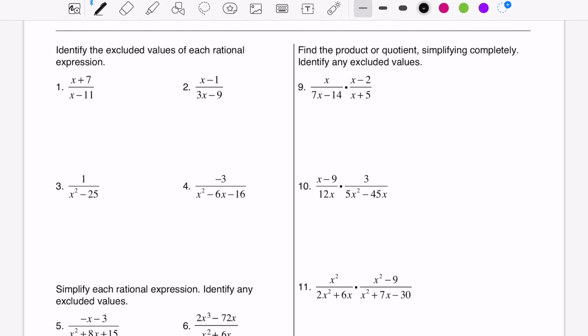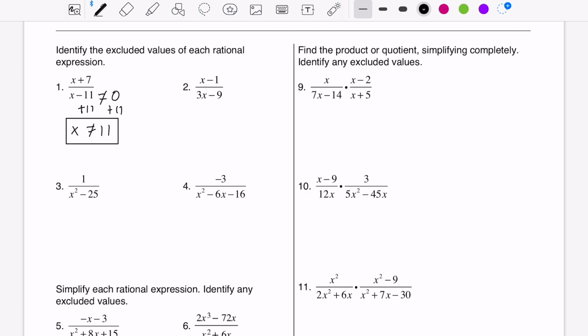Alrighty, so the first one says to state the excluded values. So whenever we do that, we just set the denominator equal to 0. Thou shalt not divide by 0 in math.